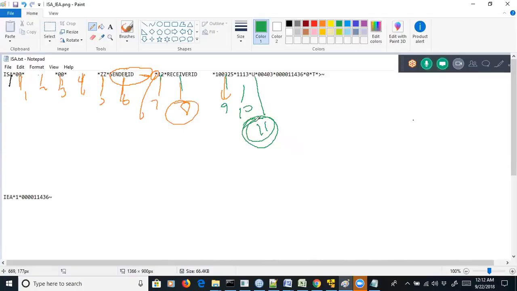And it can have actually two values, X and U. U means US EDI standard. And we always use U here for the X12, right? So if you are using X12, then you always have to use U here, that is for the US X12. Okay, this is your 10th, 11th.